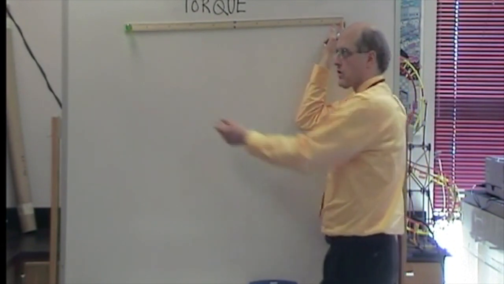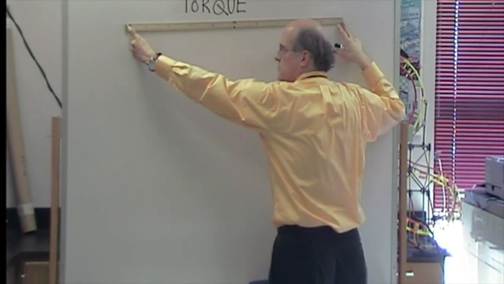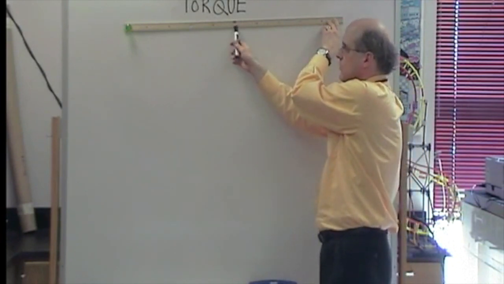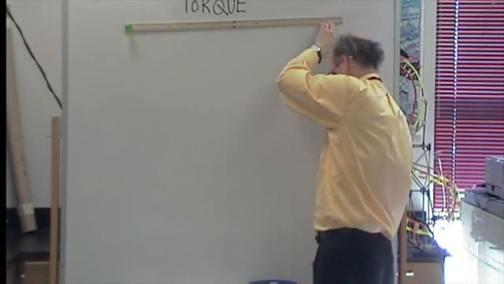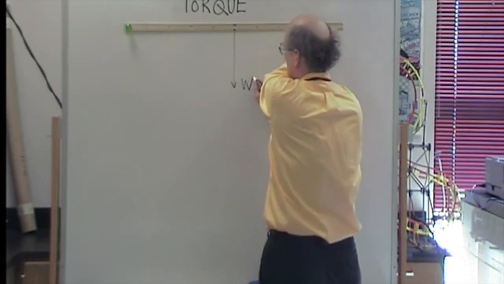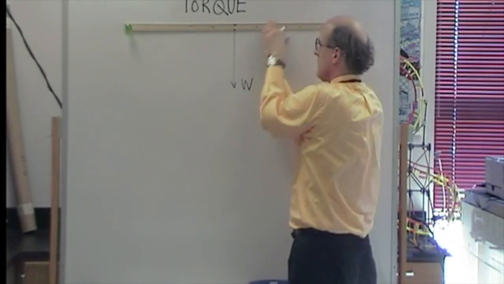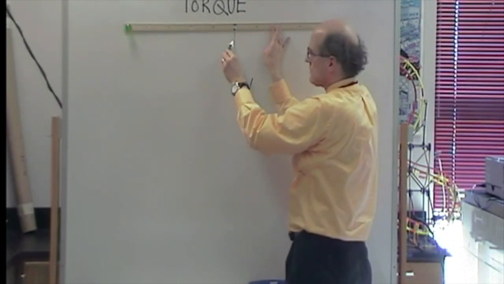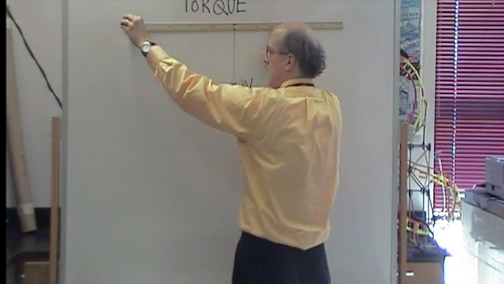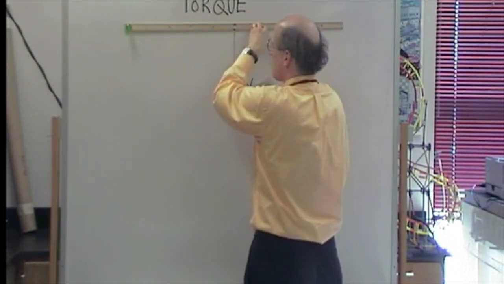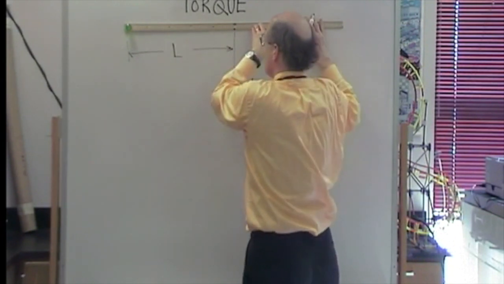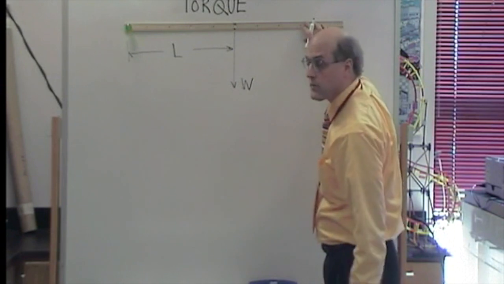If we wanted to find the torque about an axis that runs perpendicular to the board at this green sphere, we would take the weight, which acts at the center of mass of the meter stick, and multiply it by the lever arm, which is the perpendicular distance from the line of action of the force and the axis of rotation. So the lever arm, L, would be this distance here, which in this case would be a half meter.